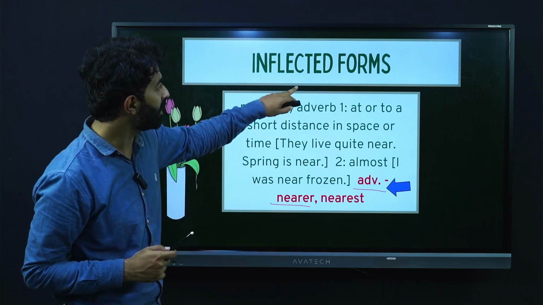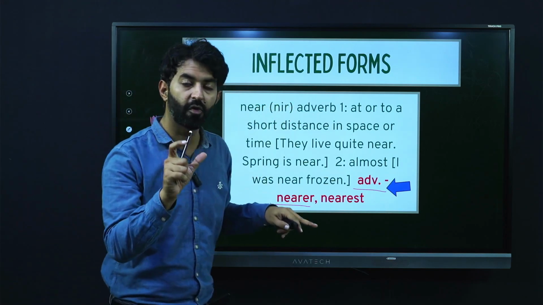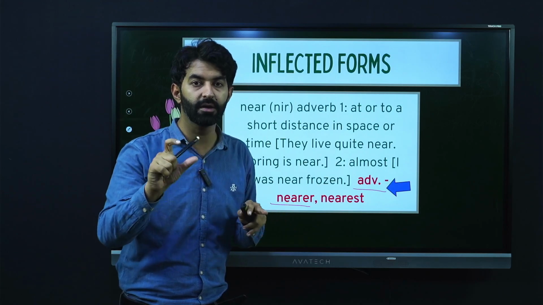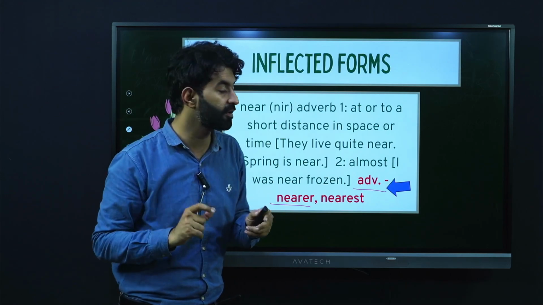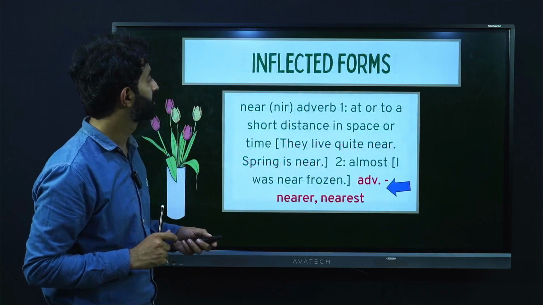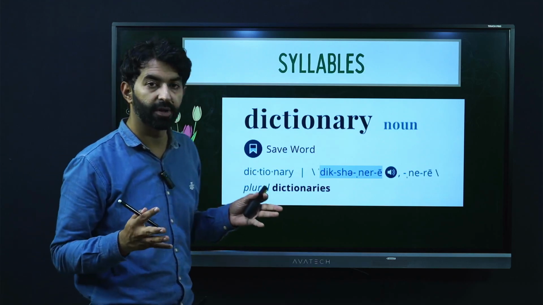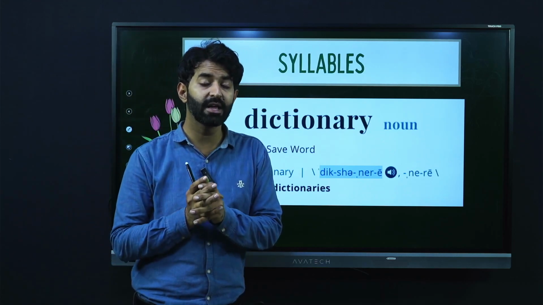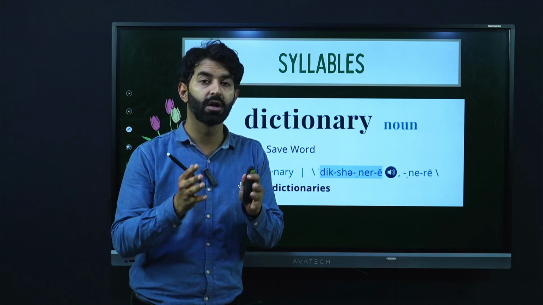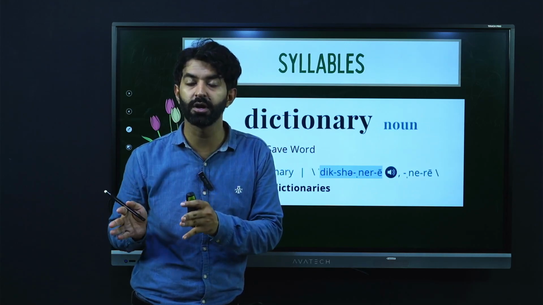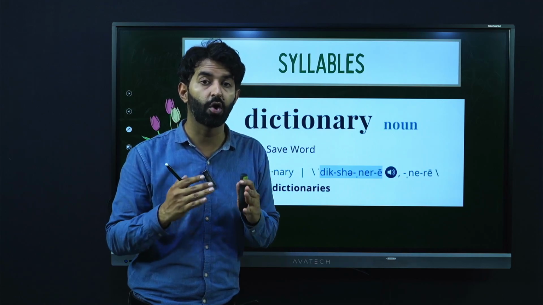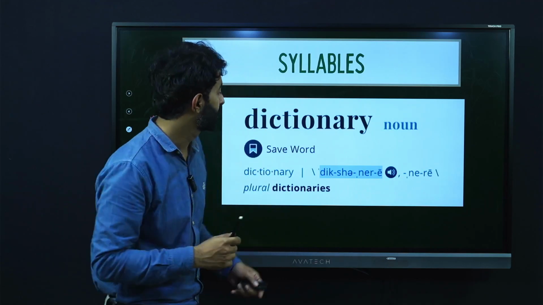Now these are your inflected forms, the forms of one word but in different functions and different manners. Now coming up next is your syllables. We know that syllables are actually the breaking down of any word into different pieces according to the sound.